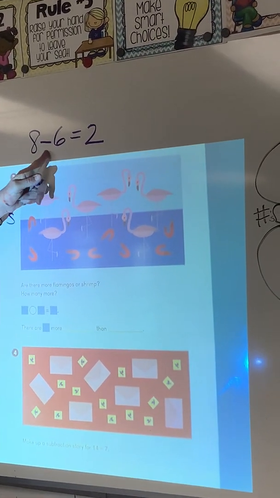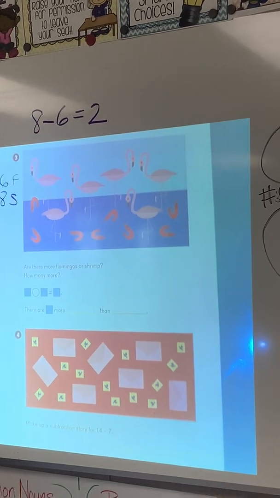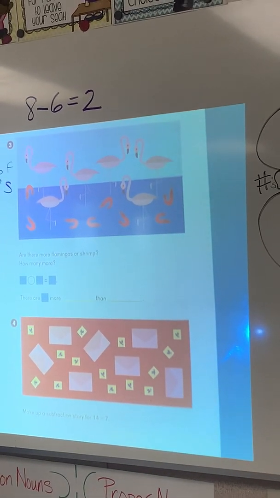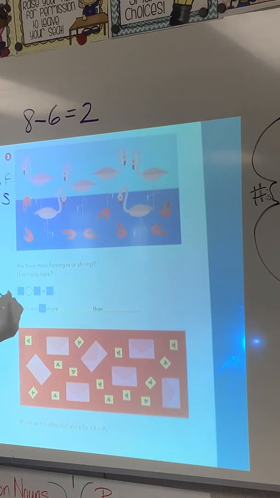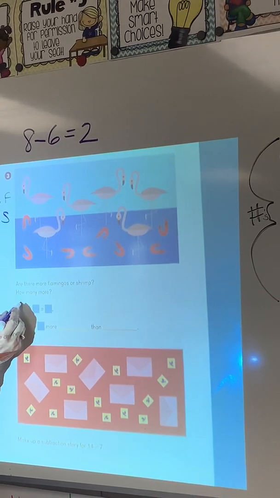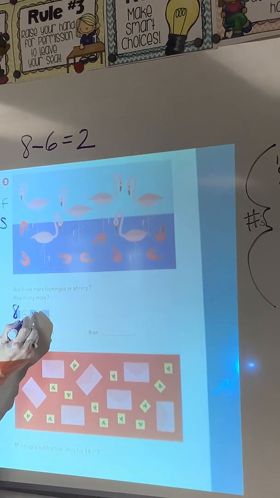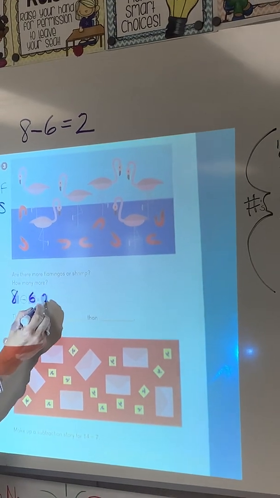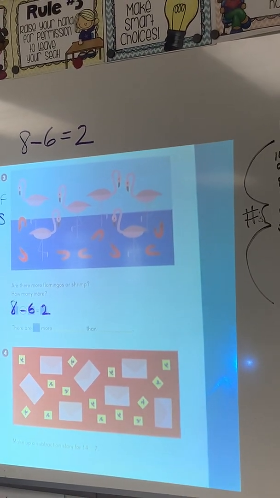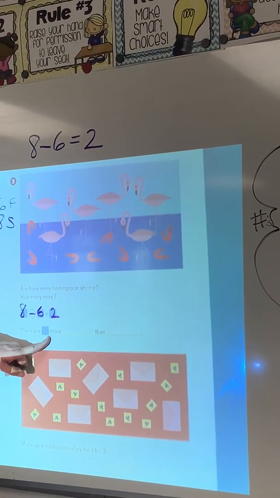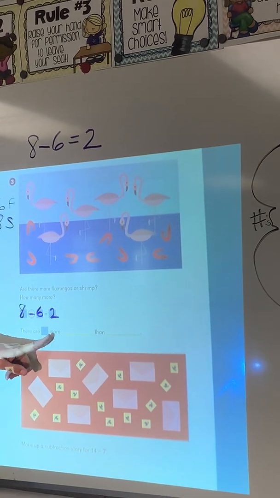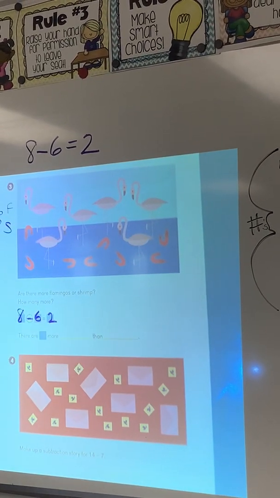The difference is subtraction. We take 6 away from 8 and we get 2. So here's your equation. You write it right in here. 8 take away 6 equals 2. There are blank more blank than blank.